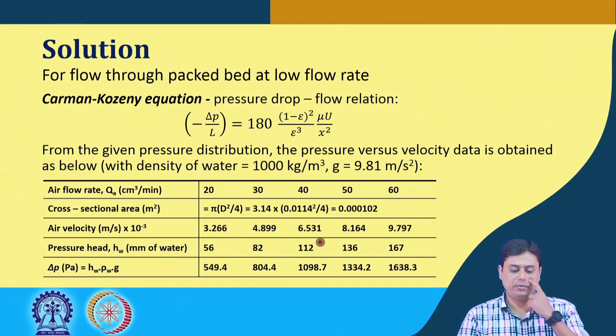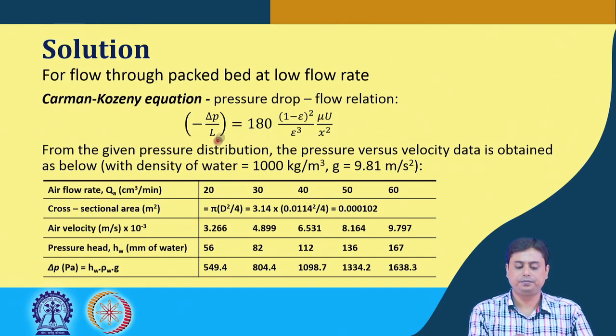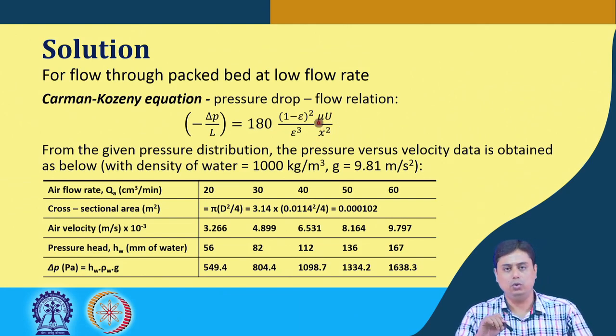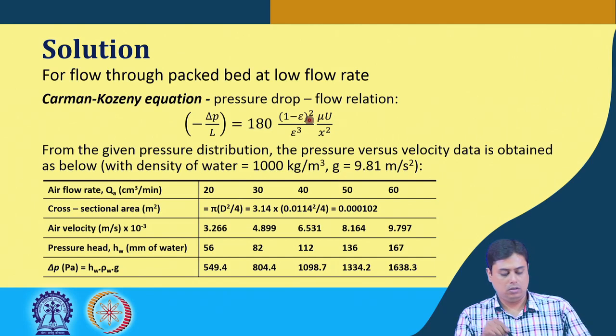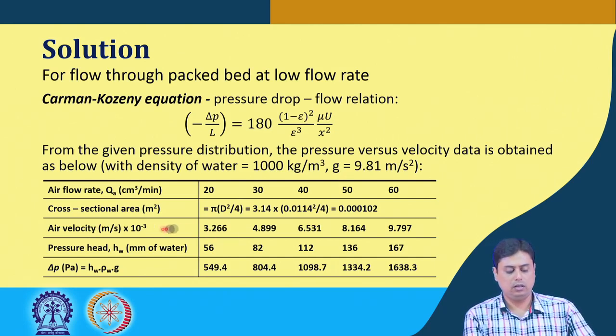So, now we know the epsilon. If we go back to this expression, we know del p, we know epsilon, we know mu, we have to calculate x for a given u. We have plotted del p versus u from this third row and the fifth row.